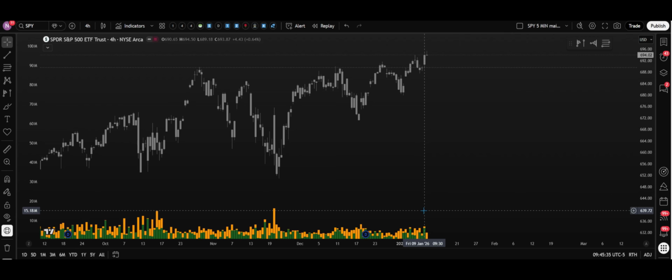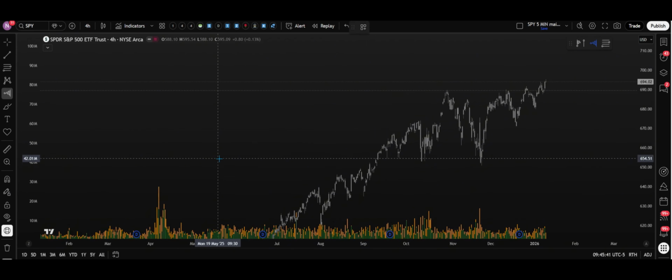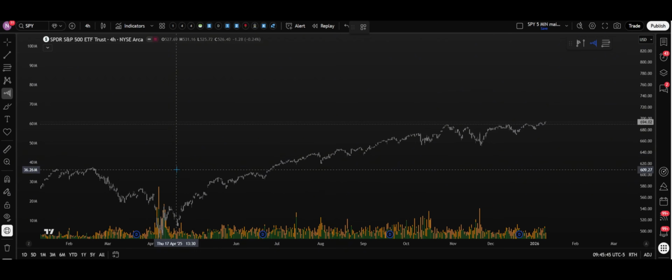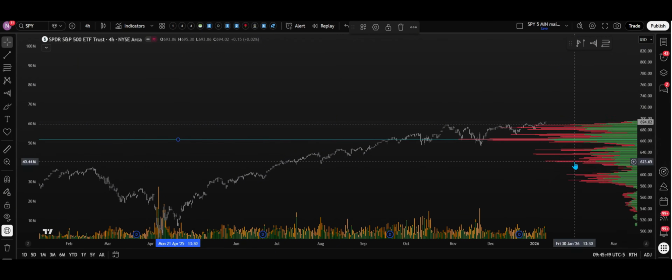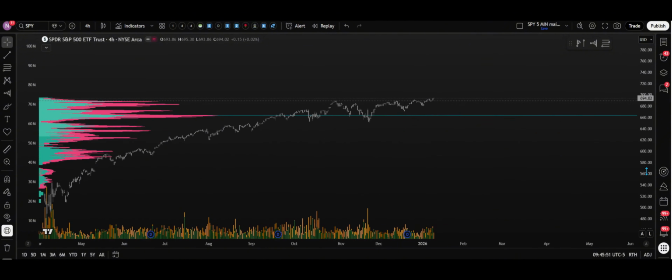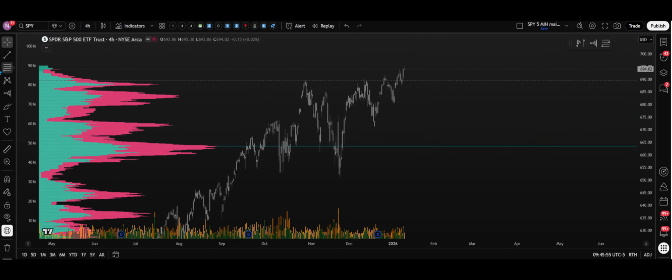Now, the first one I want to go over is the long-term anchored volume profile. So go ahead and take your anchored volume profile, and I like to have it since the previous bear market has ended. Let me pull out my long-term. I like to have it in these colors, and I'm not going to talk a ton about this today, but I've gone over this in other videos.